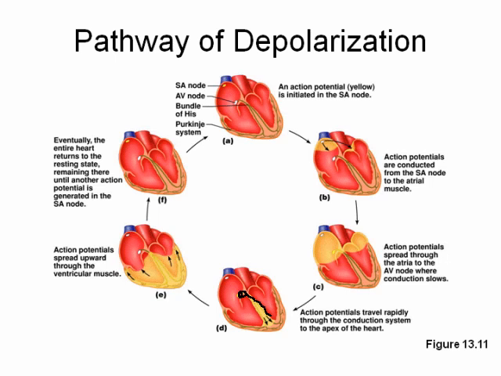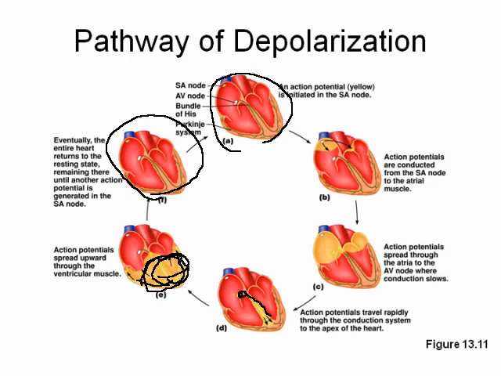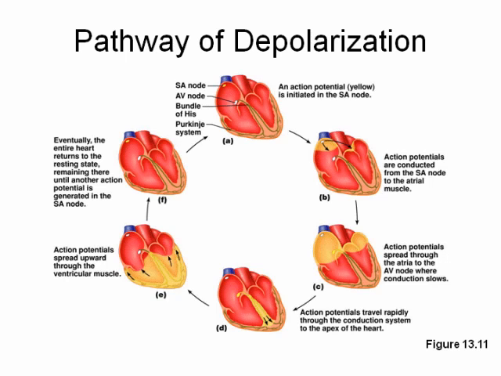And then the depolarization continues through into the Purkinje fibers, at this point depolarizing all of the ventricular cells almost simultaneously, causing them to contract. And then we go through a repolarization phase before we approach full diastole.